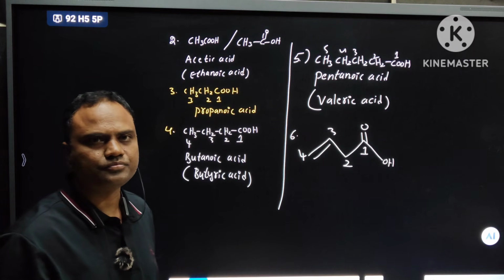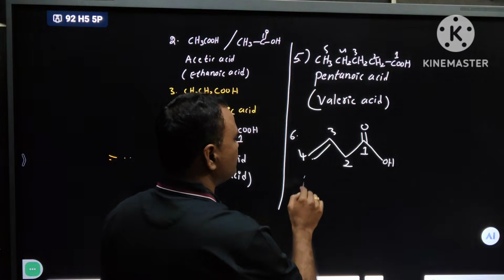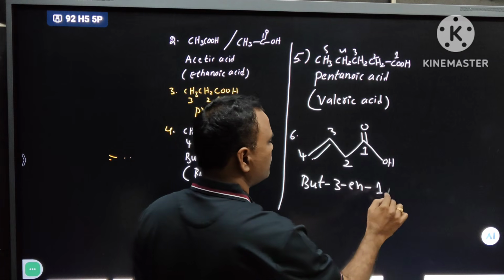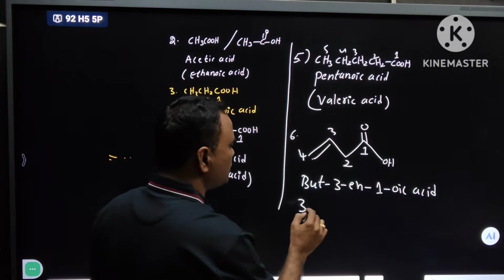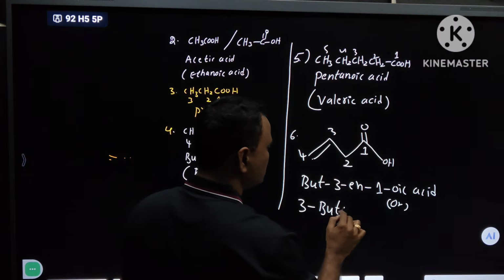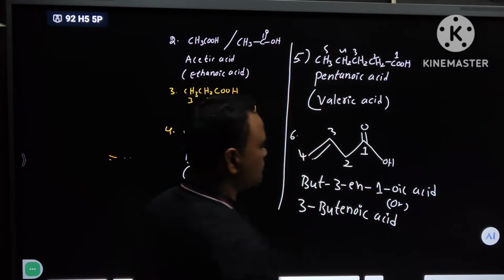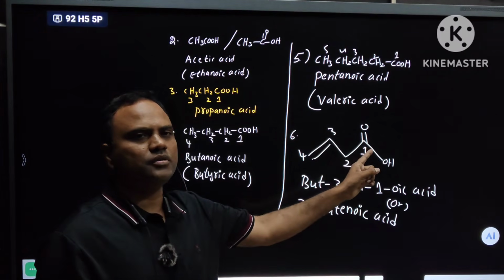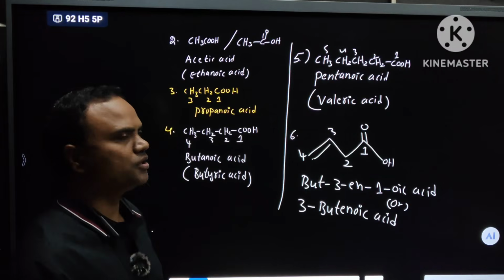Okay. 3-methylbutanoic acid, or you can write it like this also. Clear? This is the functional group carbon. Right. Valeric acid, butyric acid.